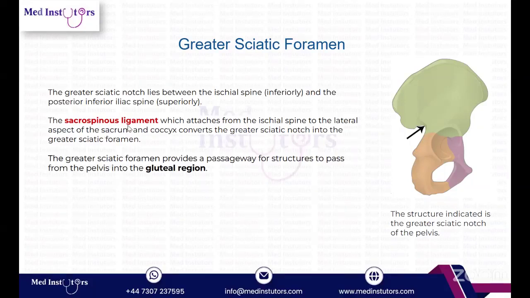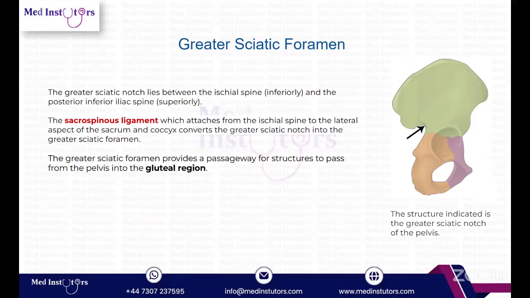The sacrospinous ligament, which attaches from the ischial spine to the lateral aspect of the sacrum and coccyx, converts the greater sciatic notch into the greater sciatic foramen. So now you have three landmarks for the anatomical location of the greater sciatic foramen. One is the ischial spine, and the other is the posterior inferior iliac spine. These two landmarks stand for the greater sciatic notch.